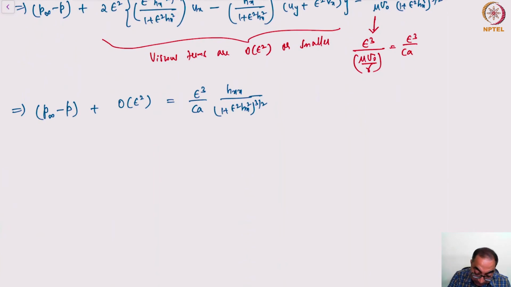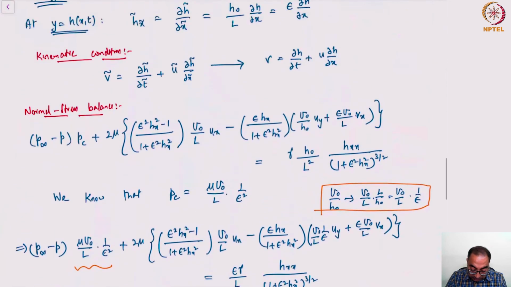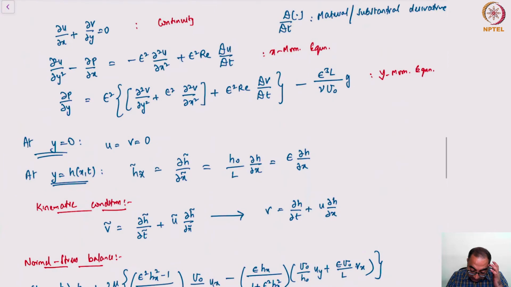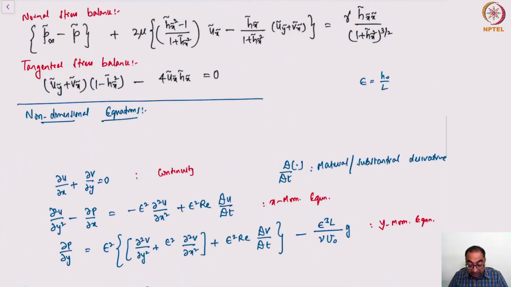Now let's write down the tangential stress balance. Remember that the tangential stress balance is given by this equation u tilde y tilde plus v tilde x tilde multiplied by 1 minus hx square minus 4 ux hx with the tildes is equal to 0.